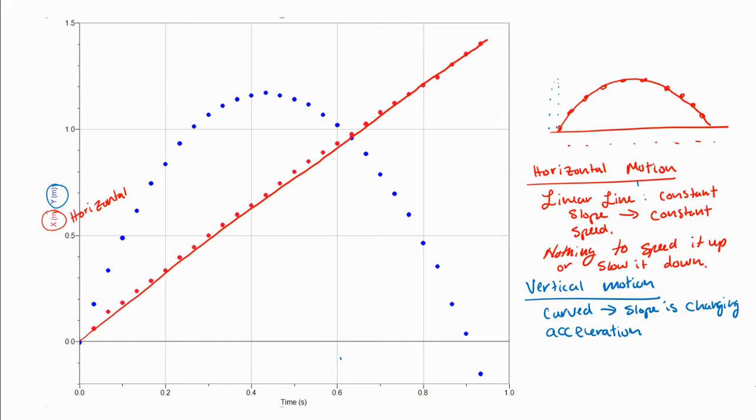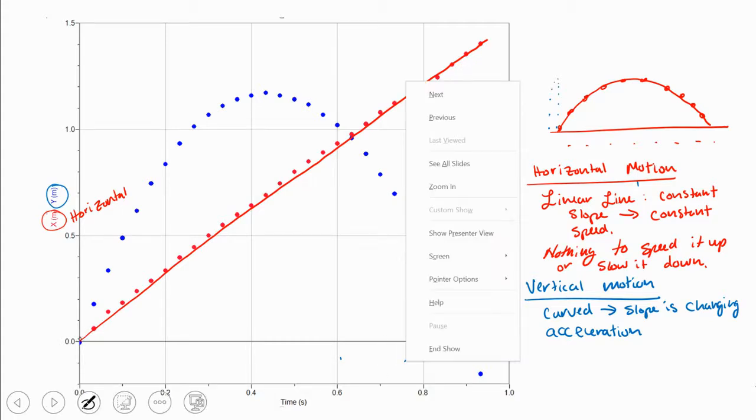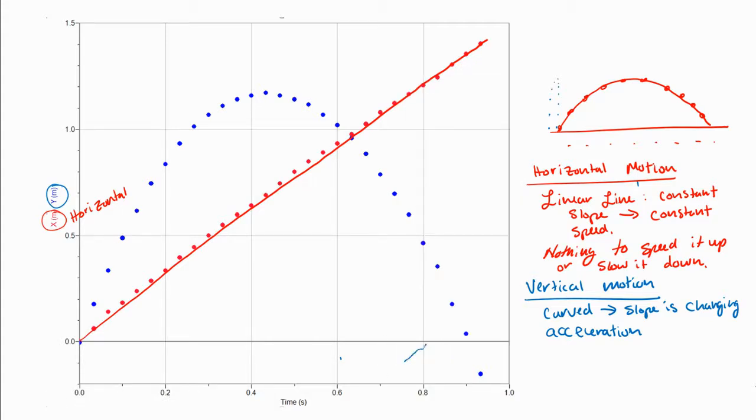So let's take a look at the first half of the motion, the part on the way up. As we look at the way up, the slope is flattening out, and that means it's slowing down. So it's slowing down vertically.